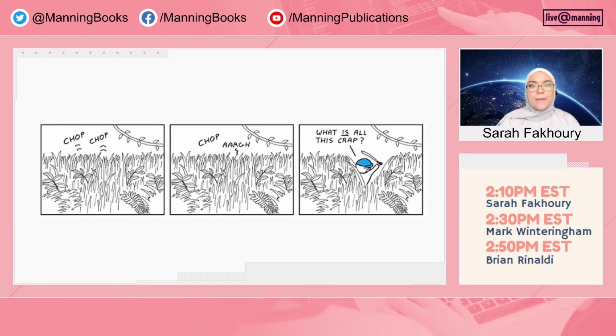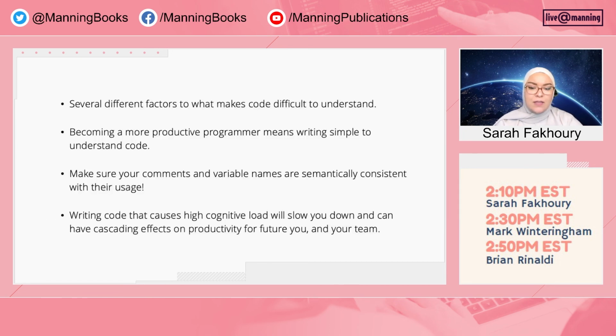So one of the biggest keys to becoming a more productive developer is writing code that's easier for you and your peers to navigate. And we saw that there's several different factors that make code difficult to understand and difficult to navigate. So code might be easy to read, but hard to understand, or hard to read and easy to understand. And poor practices have different costs, right?